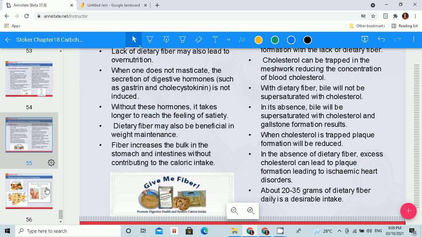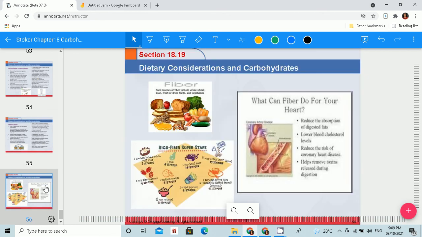And of course, Yakult, yogurt. That's why Yakult is monitored. Okay kabatchan, okay ba ang atong gut because Yakult is fibrous. Okay. High fiber, we have superstars.